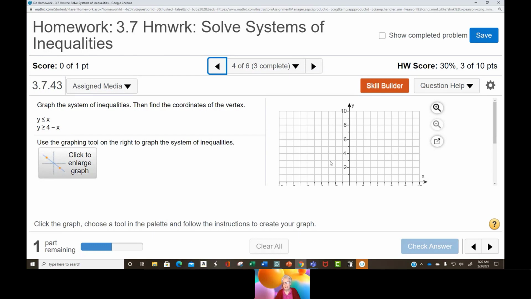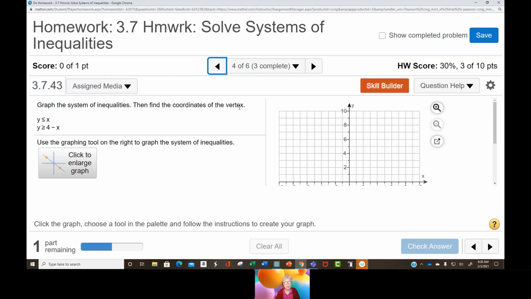Well, first you've got to actually graph it. We can do that. But next, find the coordinates of the vertex. When you're dealing with systems of inequalities, where the lines cross is called a vertex. Now there is kind of another step to that, but you'll deal with that in finite math.